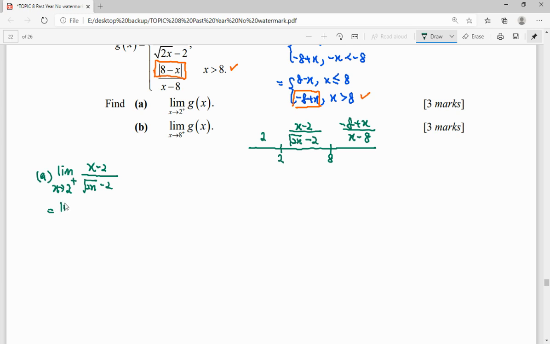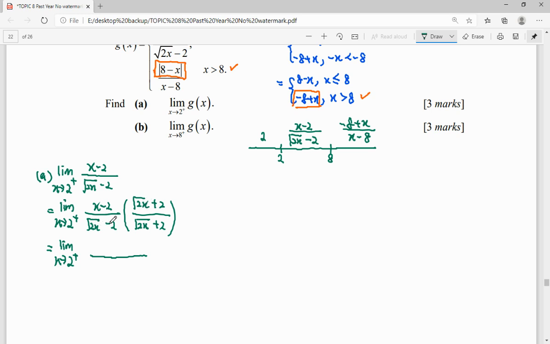When we have an indeterminate form, what can we do? When we see our function involving a surd, we can multiply with its conjugate. Its conjugate will be the square root of 2x plus 2. Our limit notation will be kept until we simplify our function completely.